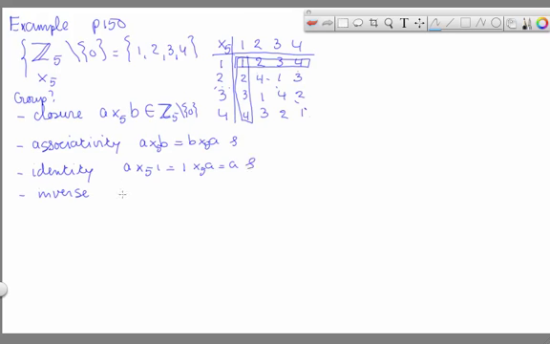Then the inverse, well, if I have 1, with which element do I need to multiply this to get my identity 1, which I just discovered? Well, obviously from the Cayley table, the identity is 1 itself, so it is its own inverse operation.